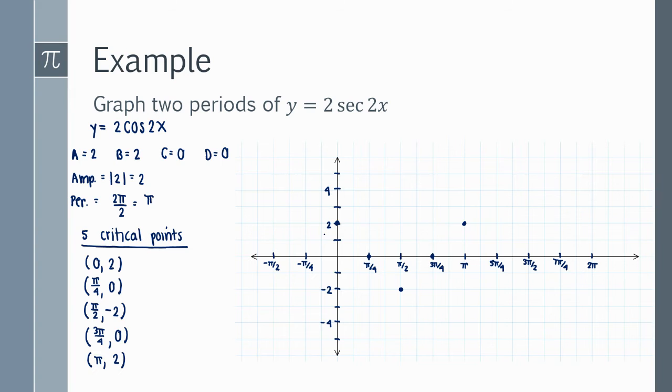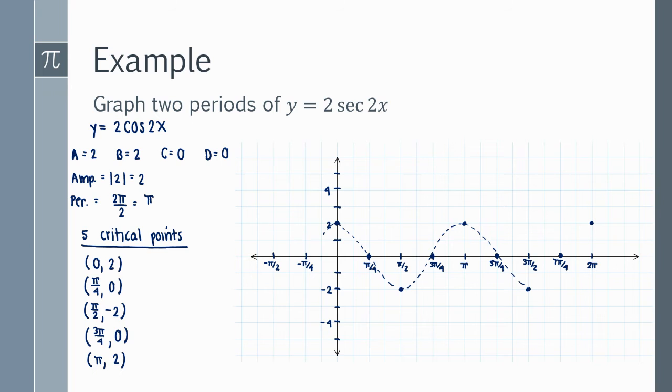But once again, that is not going to actually be our graph because this is the cosine graph. I'm going to have to do a second period. So I'm back at 0 at 5 pi over 4. We're at negative 2 at 3 pi over 2. And then 0 at 7 pi over 4. And back up at 2 at 2 pi.